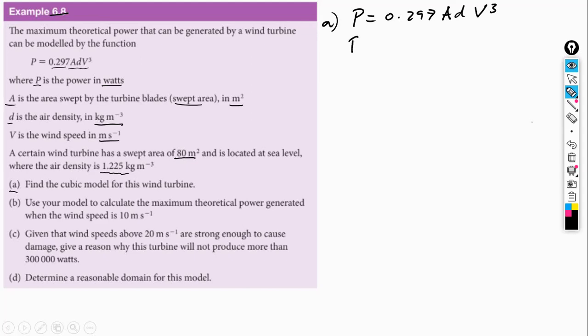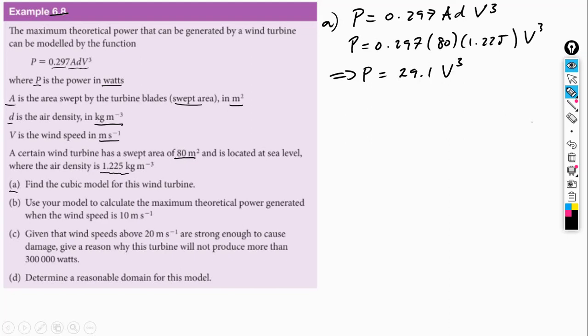So notice that we're going to get P equals 0.297 times 80 times 1.225 times V cubed. And from here we get that P is equal to 29.1 V cubed. Now notice that this is to three significant figures as usual. So this would be our model for this particular wind turbine.